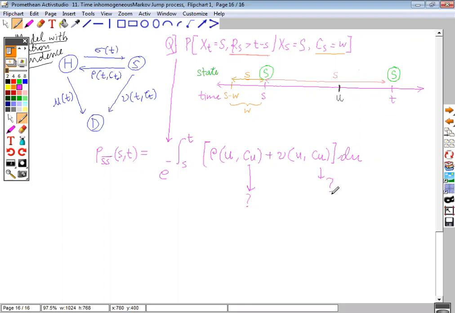What is my CU? Can someone tell me what is my CU here? What does my CU represent in words? Anyone? What does CU represent in words? Sorry, what do you think CU represents in words?